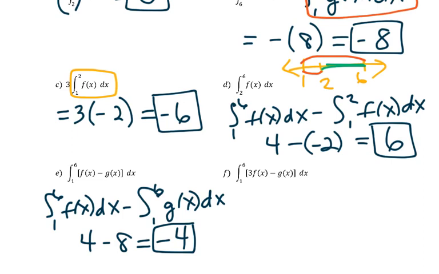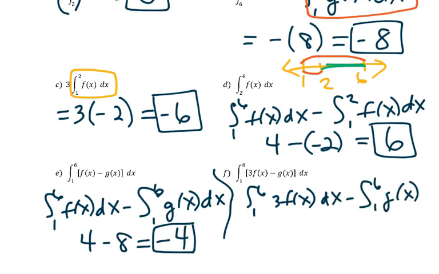Alright, and then the last one. So again, we're going to split it up. And so it's from 1 to 6, 3 f of x minus from 1 to 6, g of x. I noticed that there is this constant here, so I'm just going to pull it out to the front.